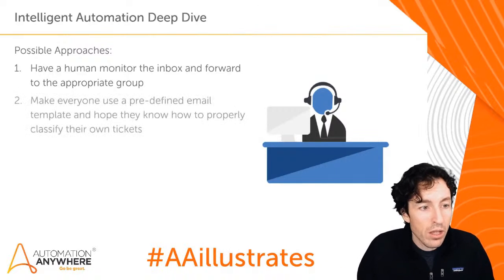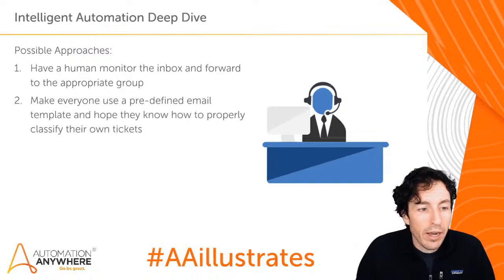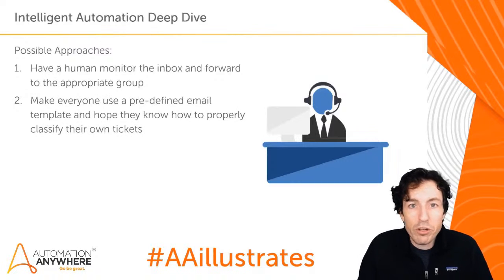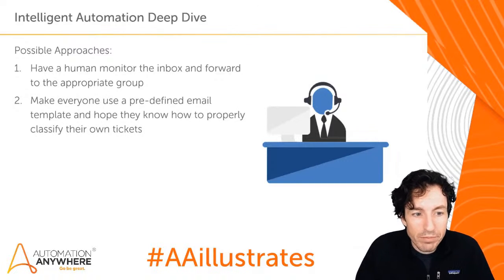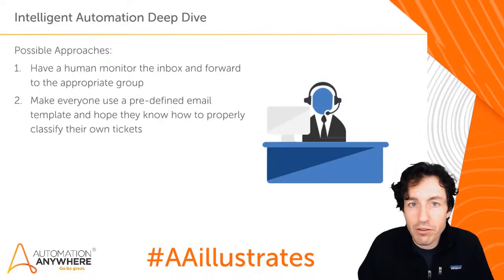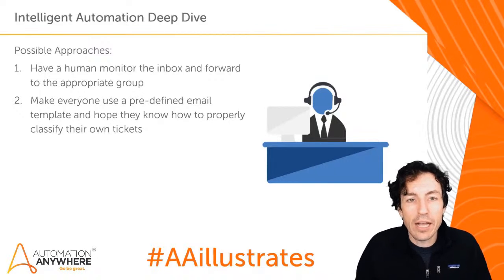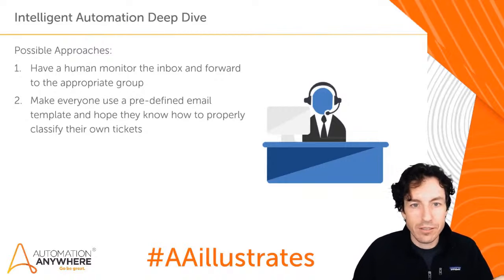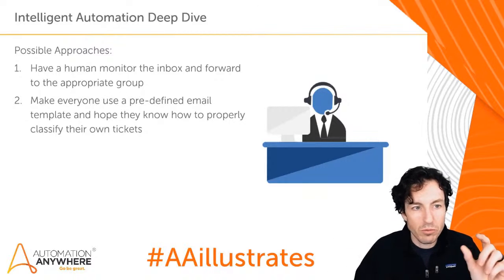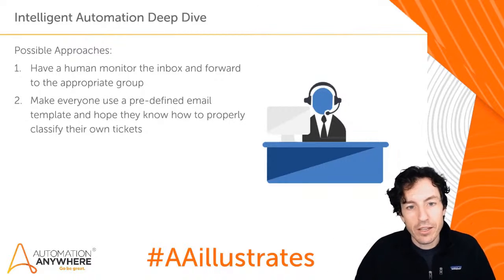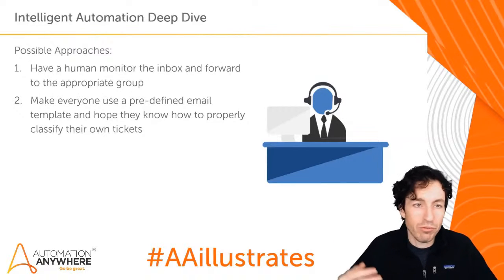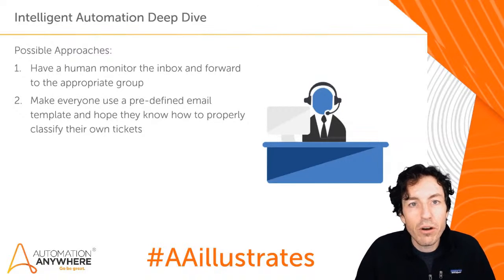I don't know. The second thing that comes to mind is we could make everyone use a predefined email template and hope that they know how to classify their own problems, right? And so maybe we have this email template and it's a little table and it says, what's the classification type? And we could even have drop downs for them and try to let them classify them on their own.